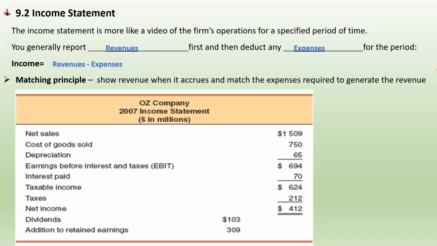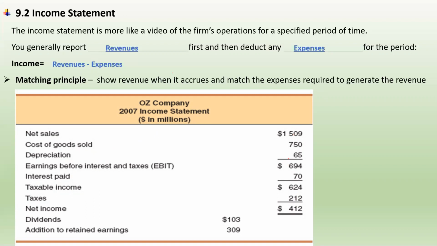Here is one example of an income statement. For this OZ company, in 2007, it has sales of 1,509 million. Then we subtract the cost of goods sold, and then we subtract depreciation.